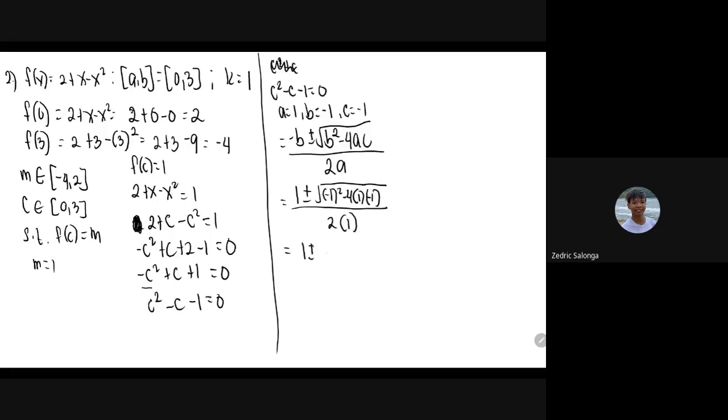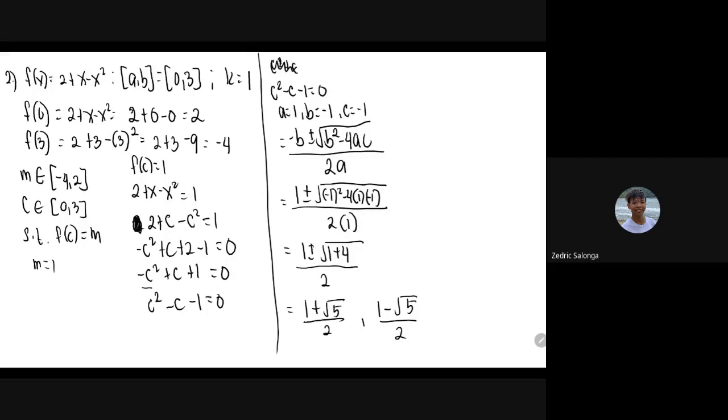So 1 plus or minus the square root of 1 squared, which is 1, and then this will be plus 4 because negative 4 times 1 times negative 1 gives us positive 4, all over 2. So this will be 1 plus the square root of 5 all over 2, and the other one is 1 minus the square root of 5 over 2.